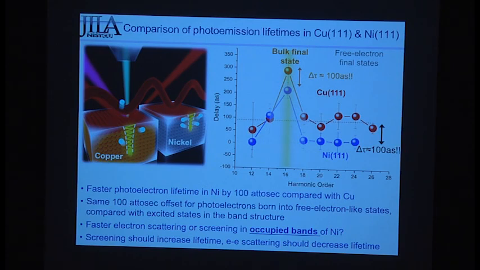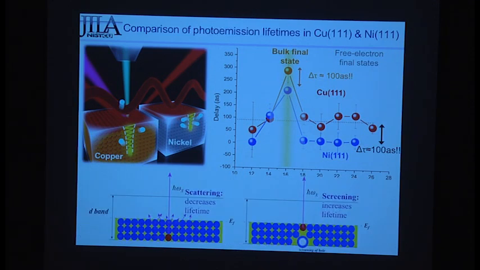Nothing else is doing anything on that time scale. So it had to be either more screening for photoelectrons trying to leave copper, or enhanced scattering for photoelectrons trying to leave the nickel. And scattering, of course, will decrease the lifetime. Screening would increase the lifetime.